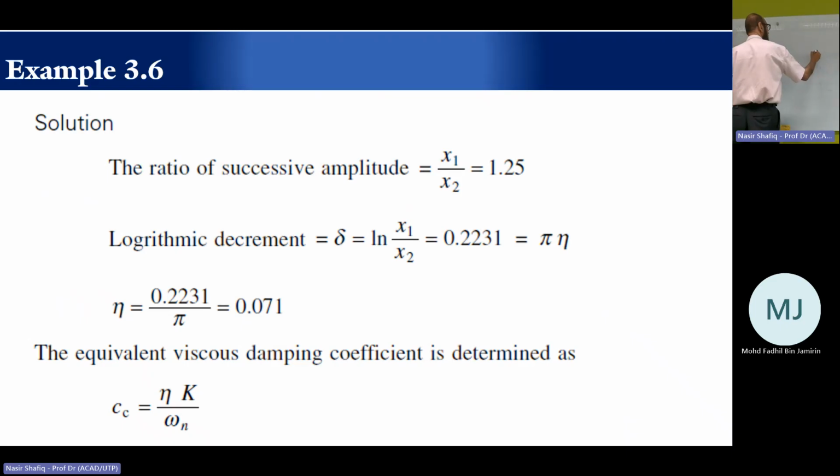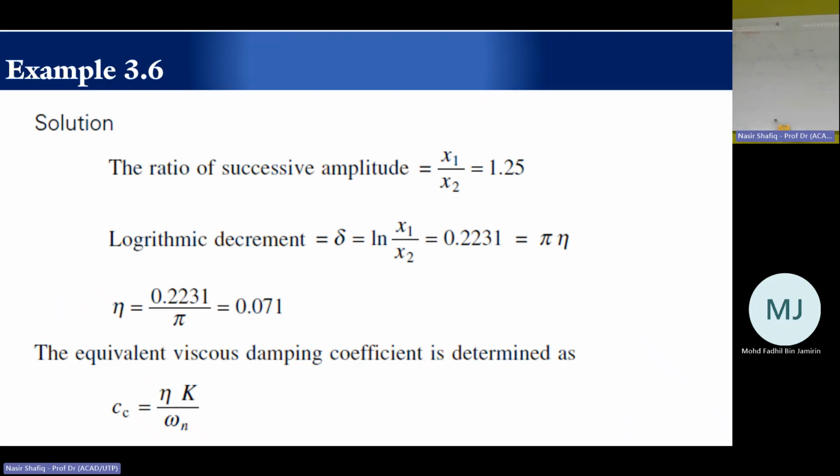So what is the drop? x1 upon x2 is 1.25. Okay, so the logarithmic decrement, which is for viscous damping, right, is ln of x1 upon x2.